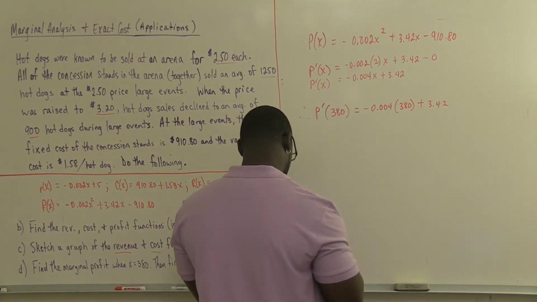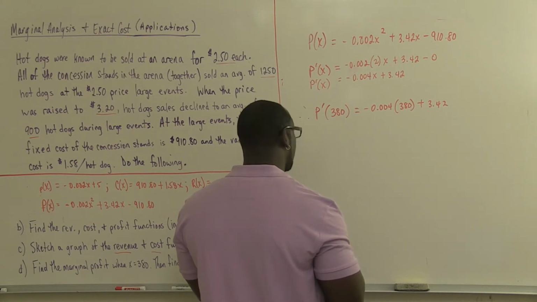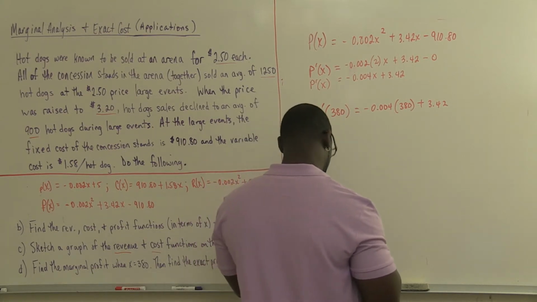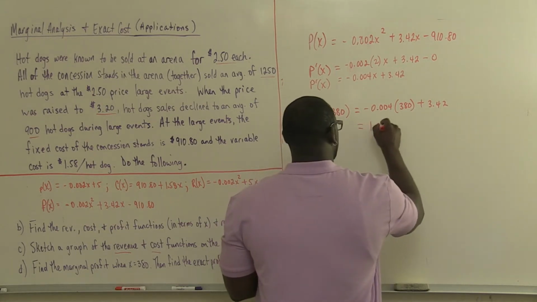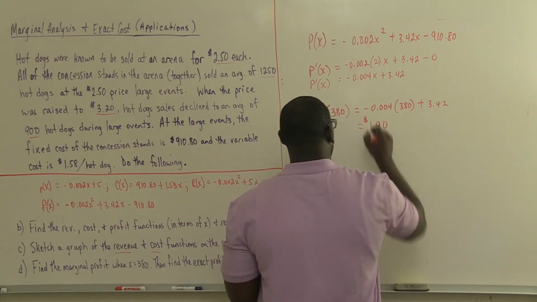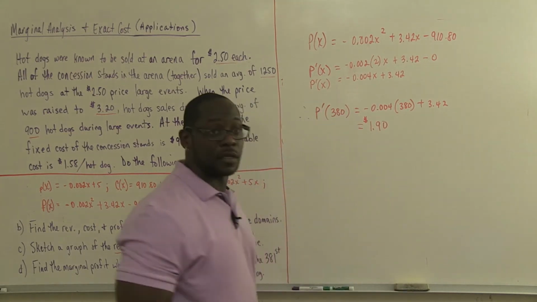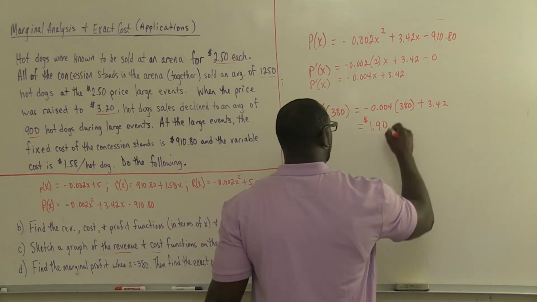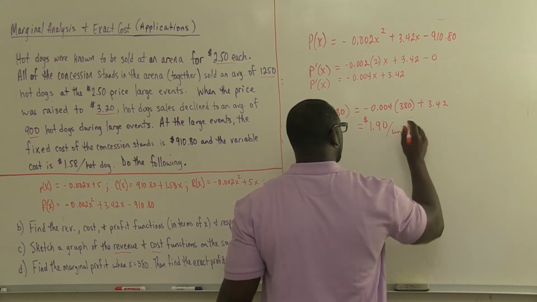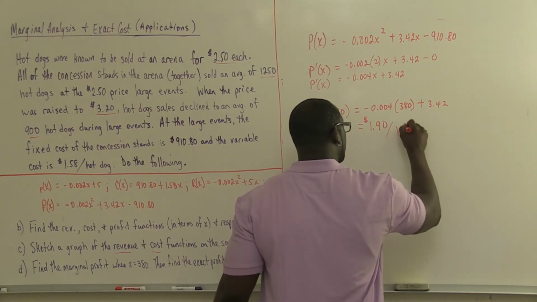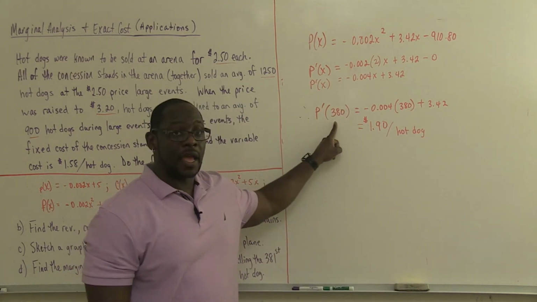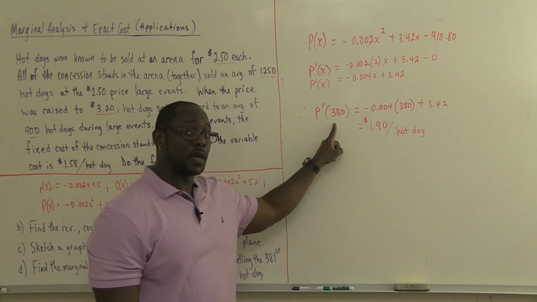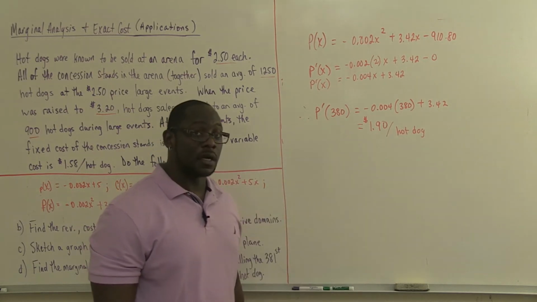I'll just do it on my calculator here. So this ends up being 1.9 or $1.90. And this will be $1.90 per hot dog. So marginal profit at 380 hot dogs sold will be $1.90.